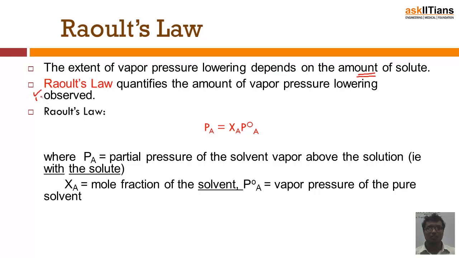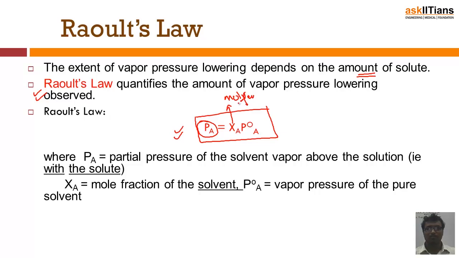Raoult's law quantifies the amount of vapor pressure lowering observed, which we have already discussed. The important point is this: Pa is the partial pressure of the solvent above the solution, Xa is the mole fraction of the solvent.